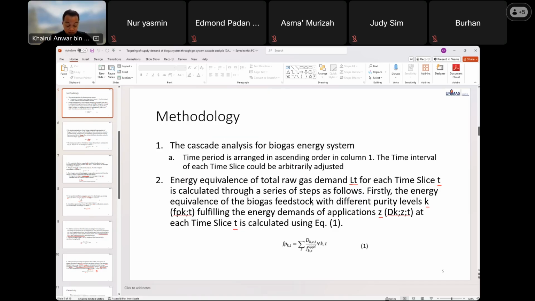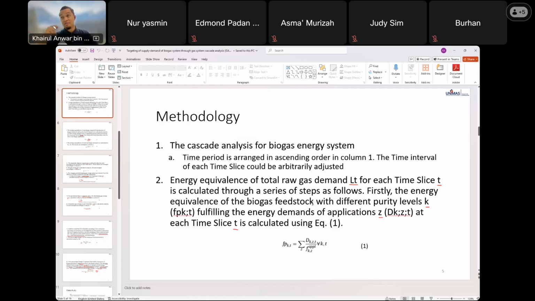So energy equivalent of total raw gas demand LT for each time slice T. So LT is the total gas demand. So the total gas demand meaning we cannot just take one value from the demand for electricity. We need to add up.